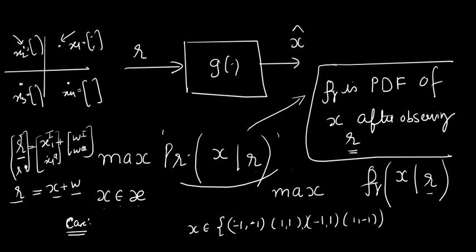Initially, what was the probability of transmitting this x? It will depend upon the probability of occurrence of 0 0, 0 1, 1 1, and 1 0. And in general, it is the same. But after observing R, what would be the probability of some particular x?